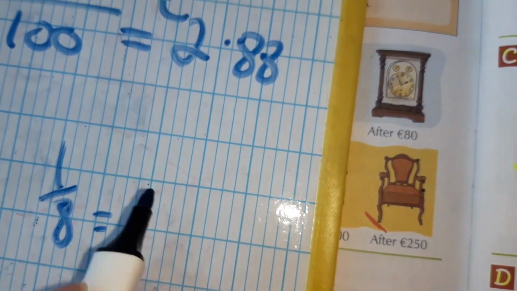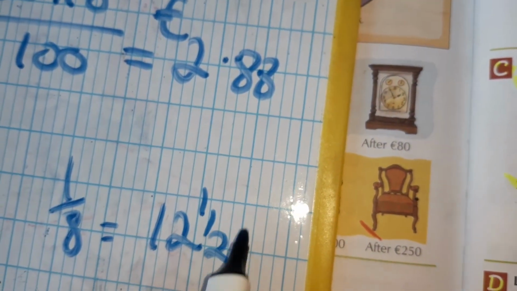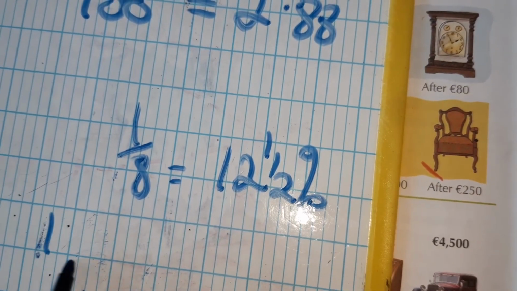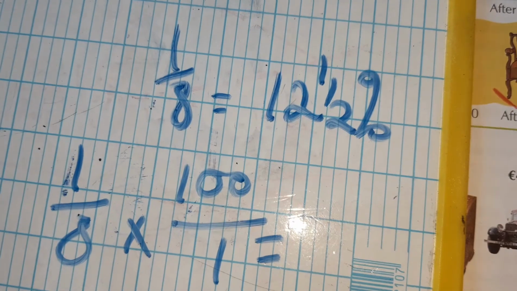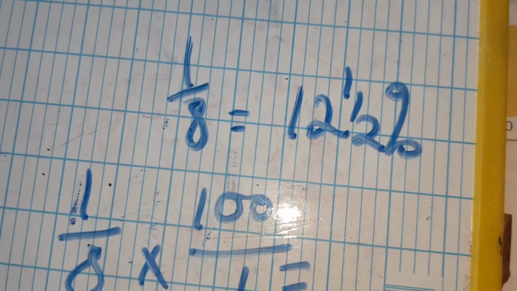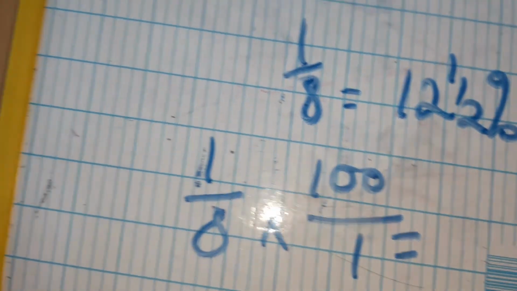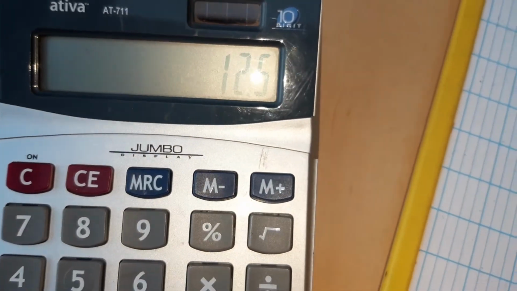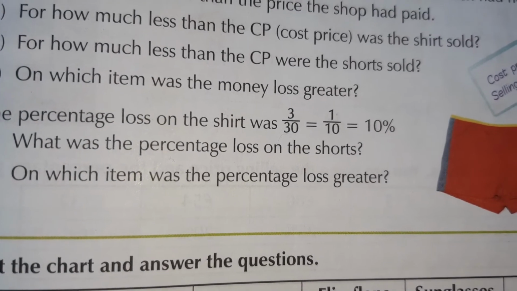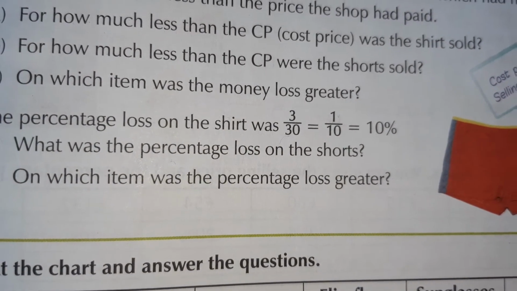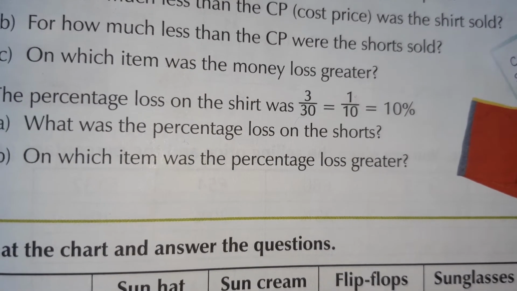And 1/8 as a percentage is 12.5%. How to find that out is 1/8 times 100 over 1, which is 100 divided by 8, 12.5%. Okay. And then your next question, on which item was the percentage loss greater? It was a greater loss in the shorts because they were 12.5%.